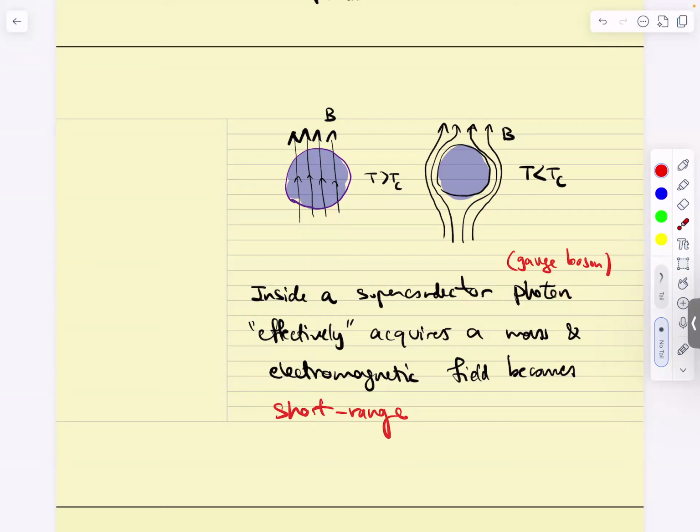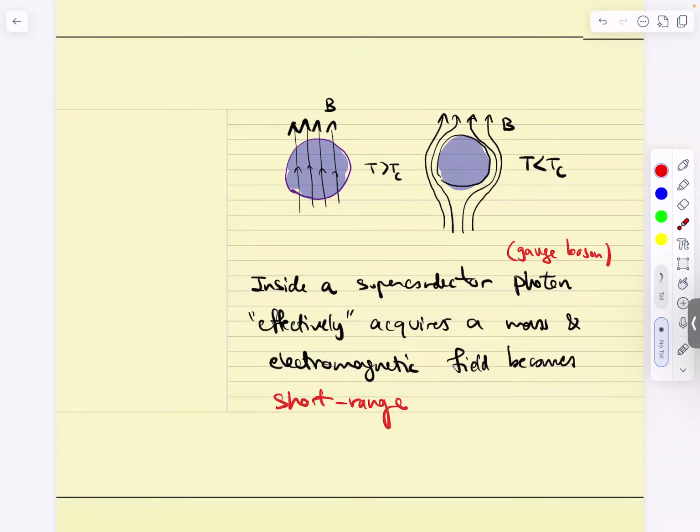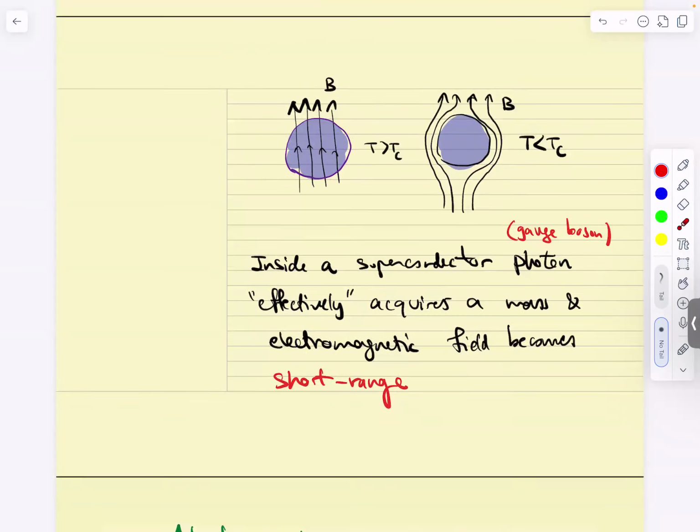So the gauge boson is effectively massive. It just means they cannot penetrate, and the force is short range because it cannot penetrate. Good. Was this familiar, at least somewhat?